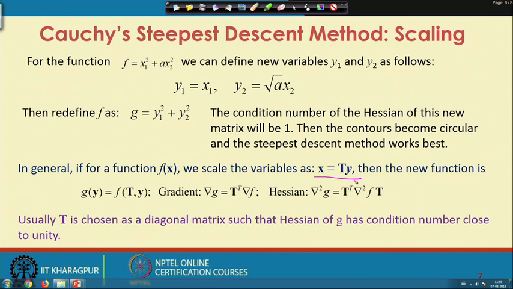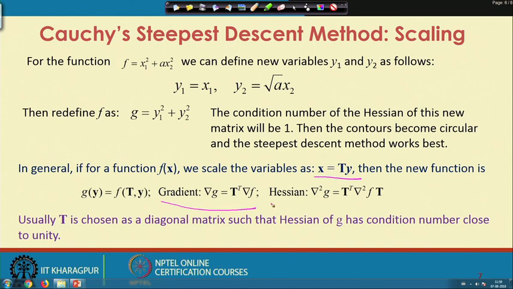So, the new function will be now say g of y equal to f of T y. The gradient of this new function, gradient g, can be computed as transpose of T into gradient of the old function f.